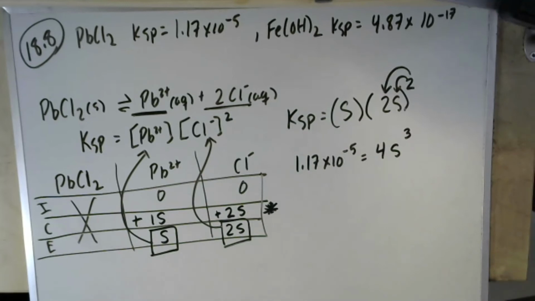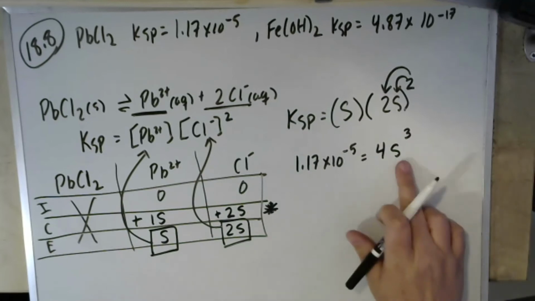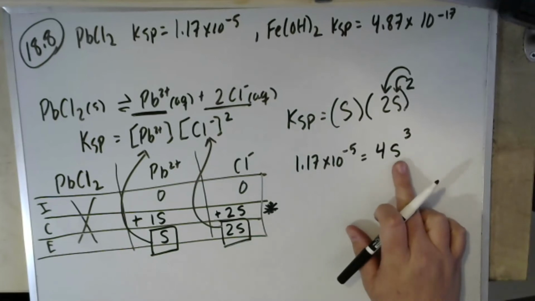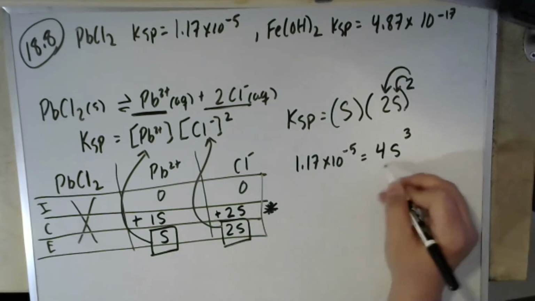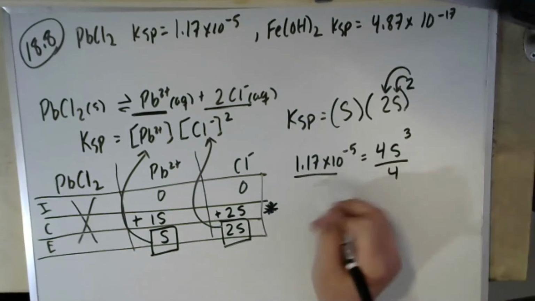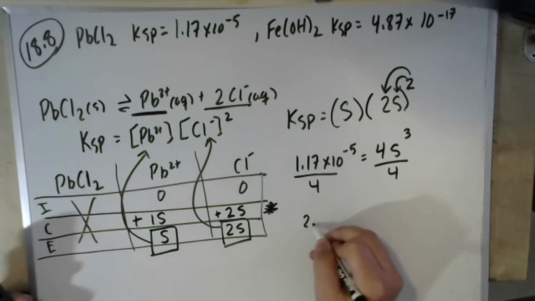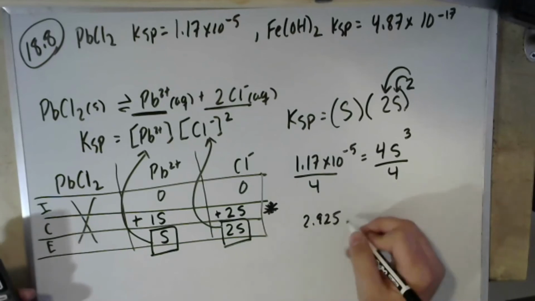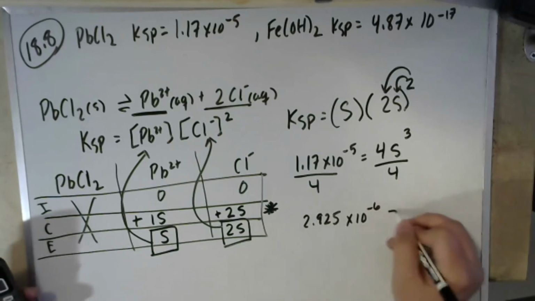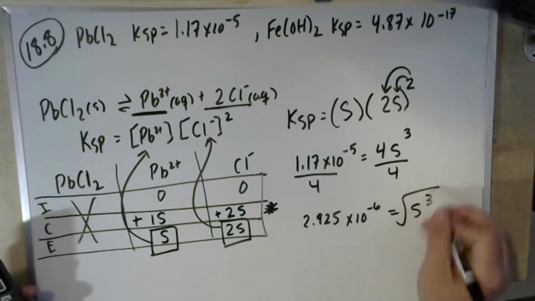Okay. And now we're going to solve for S. S is going to represent our solubility. Okay. So we can divide this by 4. Okay, and now we're going to take the cube root.